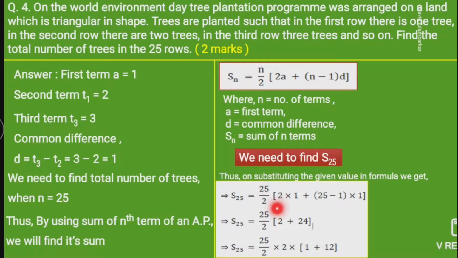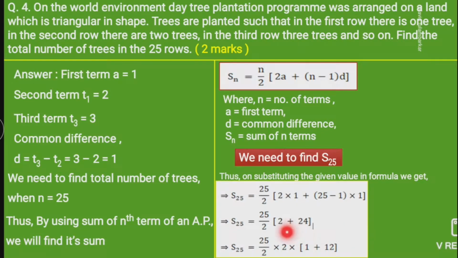So we write 25 upon 2 into 2a, value of a is 1. So 2 into 1 plus n minus 1, that is 25 minus 1, and value of d is also 1. So we write here 25 minus 1, which is 24. So 24 into 1, we write 24. So 2 into 1, 2. 2 plus 24, we get 26.